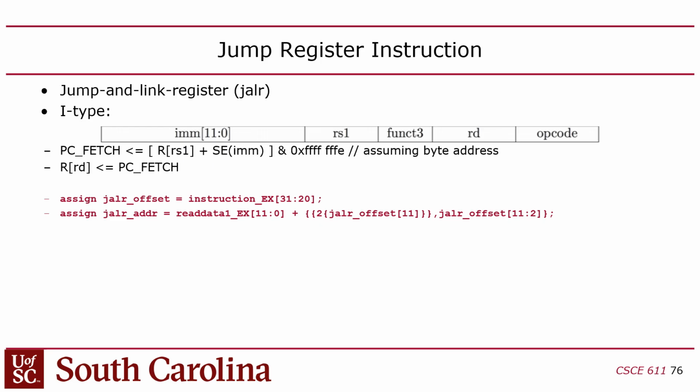But then you get to the jump register instruction, and this one is the weirdest one yet. It has a 12-bit offset, but you add that to the contents of RS1.